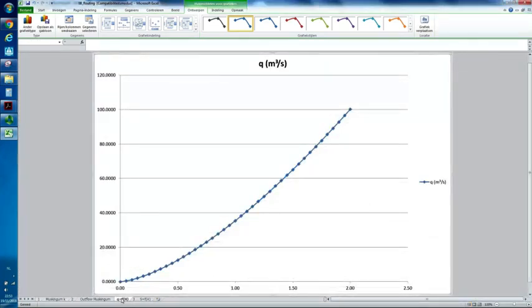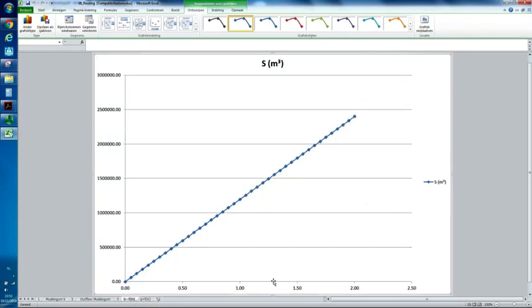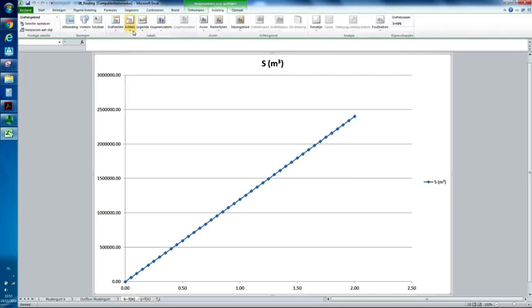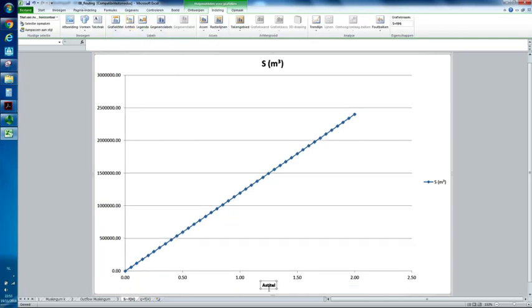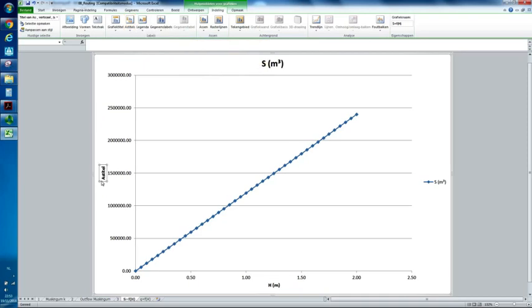Of course, in both graphs, I still need to add a title of the axis. So this will be H in meters, and this will be S in cubic meters.